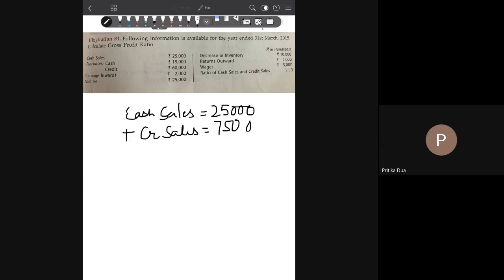So sorry, that would be a purchase return, so that doesn't matter here. Your net sales or total sales will come to rupees 1 lakh.